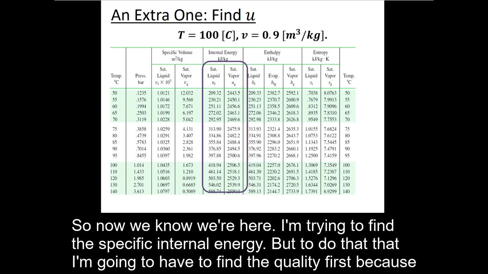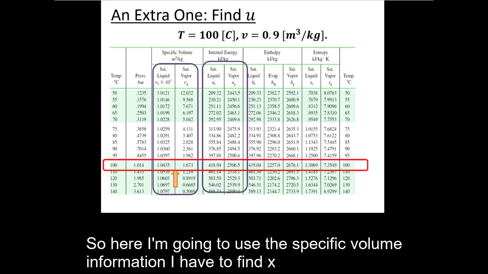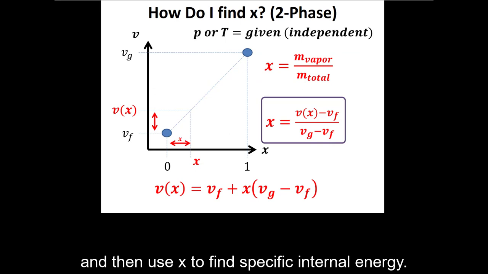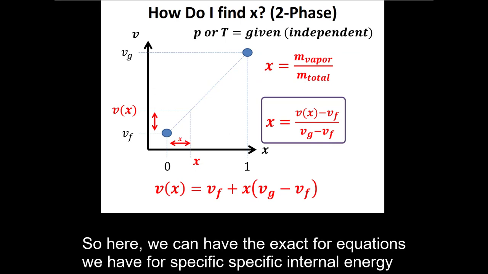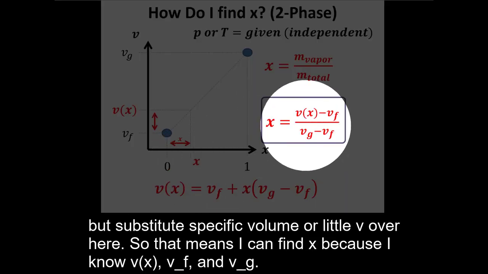I'm trying to find the specific internal energy. But to do that, I'm going to have to find the quality first because I'm not told the quality. But in this case, I can get the quality from the specific volume. So here I'm going to use the specific volume information I have to find X, and then use X to find specific internal energy. Here we can have the exact same equations we have for specific internal energy, but substitute specific volume, or little v, over here.